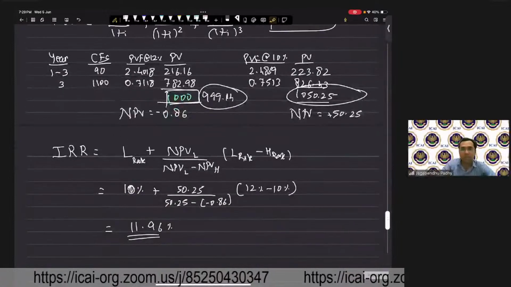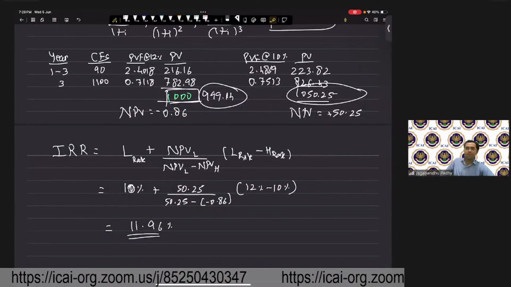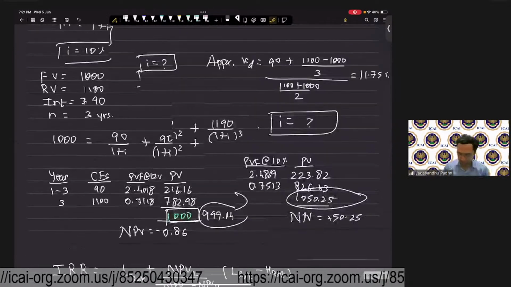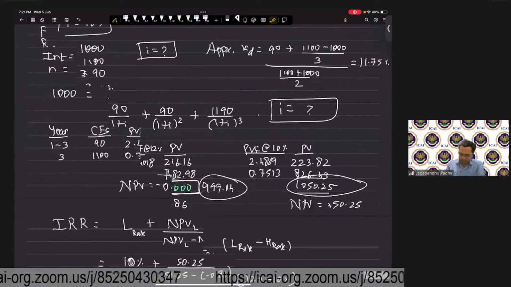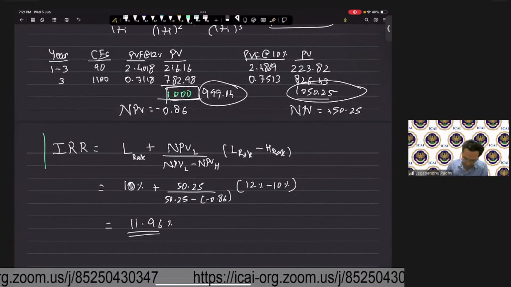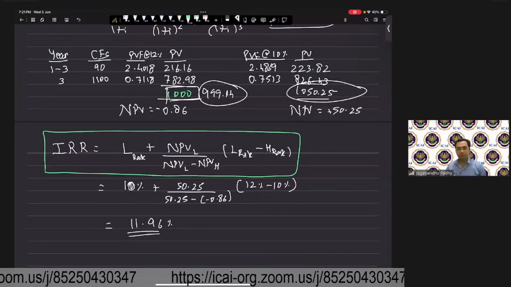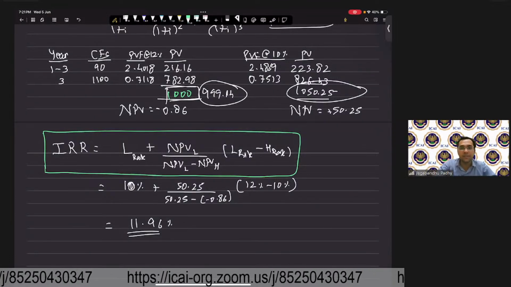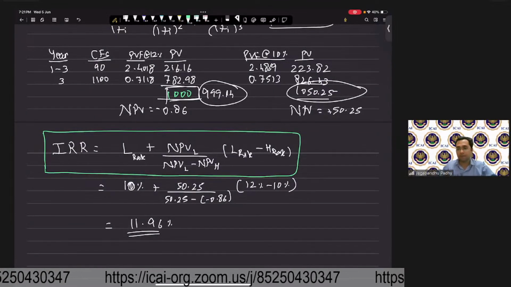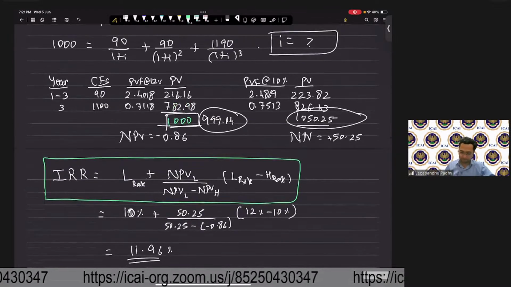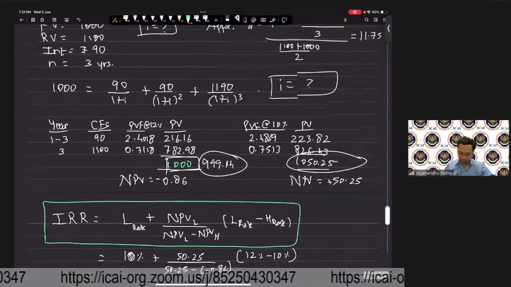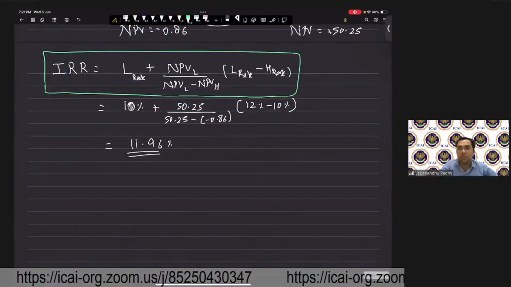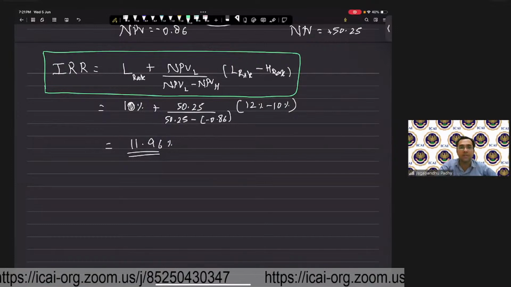The cost of debt needs to be computed in this manner whenever the question asks for calculating using the YTM method. So first you need to get the approximate cost of debt and then simply apply this formula. Okay, is this clear, guys? This IRR method clear to everyone? Any queries in this?